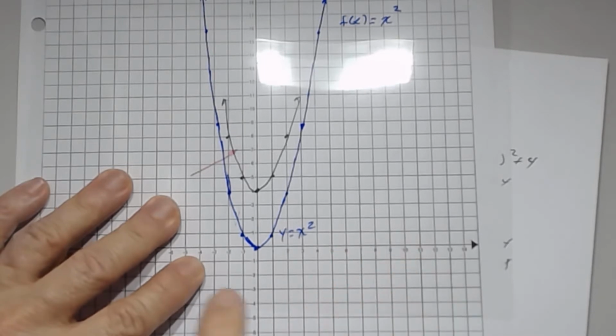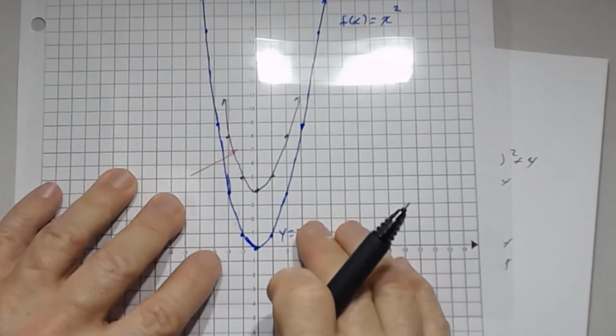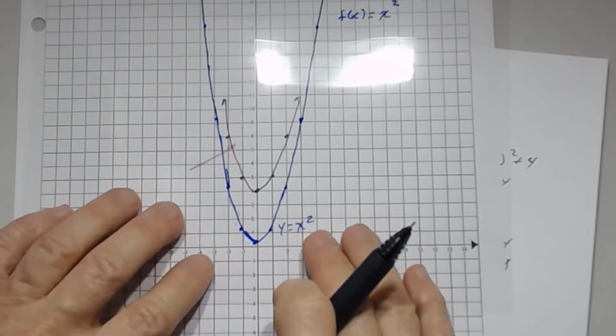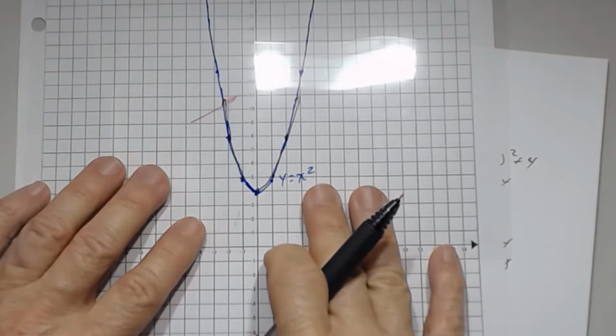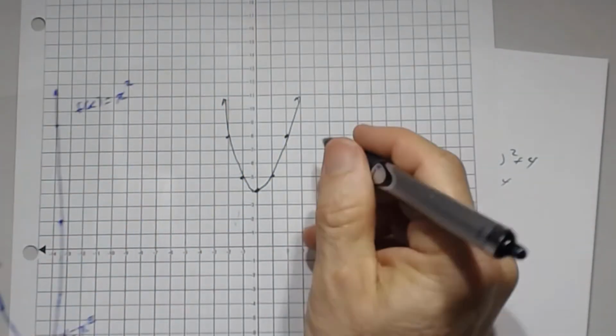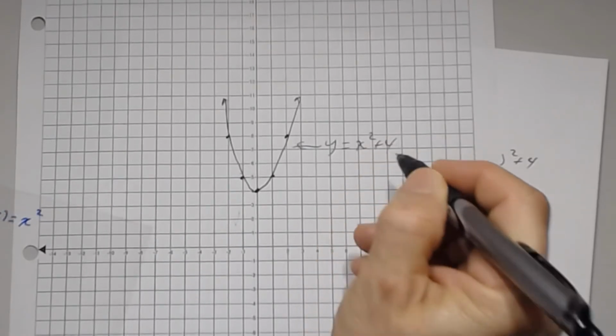To get the offspring, I was adding 4 to it. So I just shift it up 4 units, and it overlaps. See the overlap? All right. So this right here is y equals x squared plus 4. Okay.